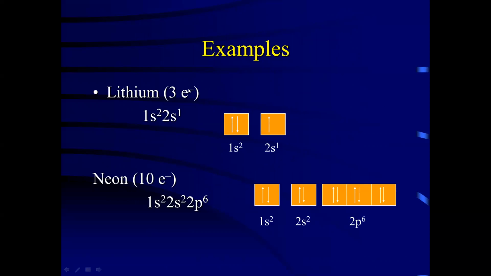So examples like this. For lithium, there are 3 electrons. Using the Aufbau principle, we fill 2 electrons into the lowest energy orbital here, and then the third electron goes to a relatively higher energy orbital, 2s1.